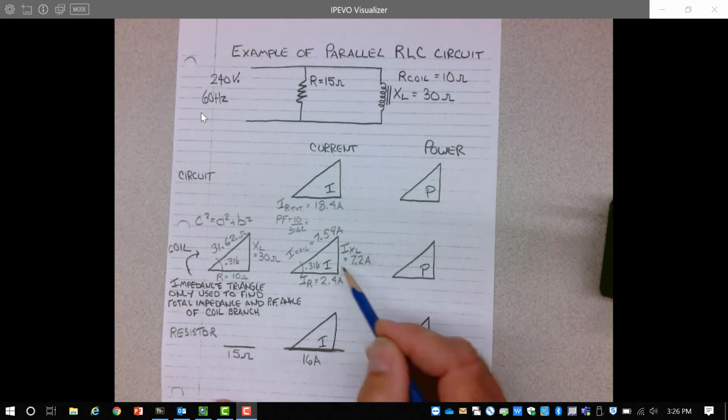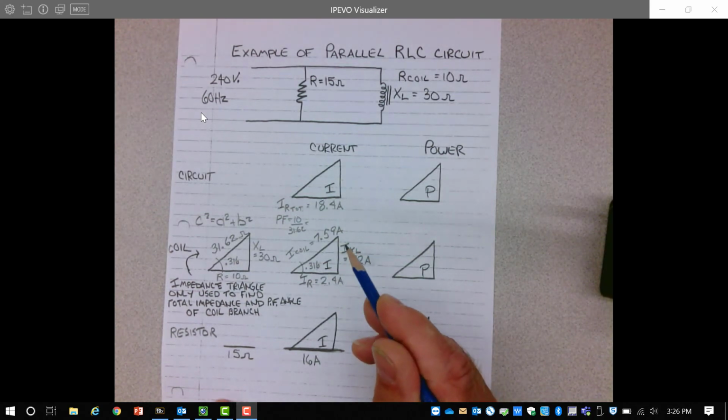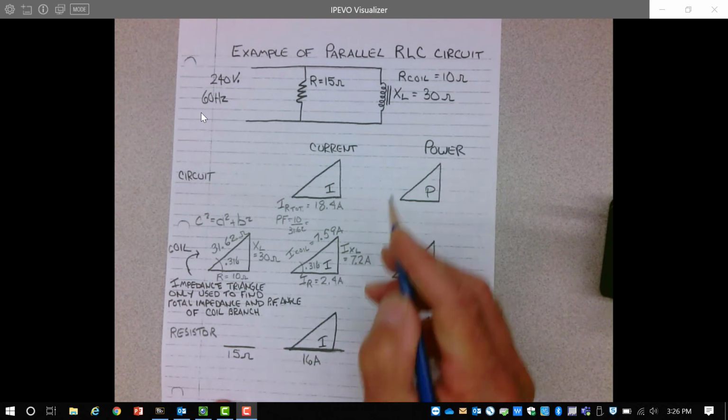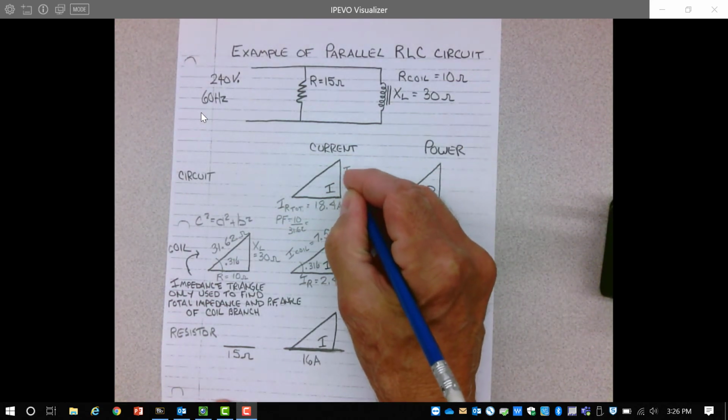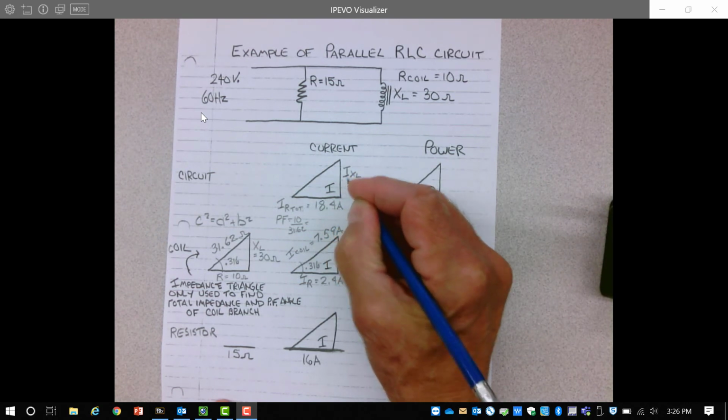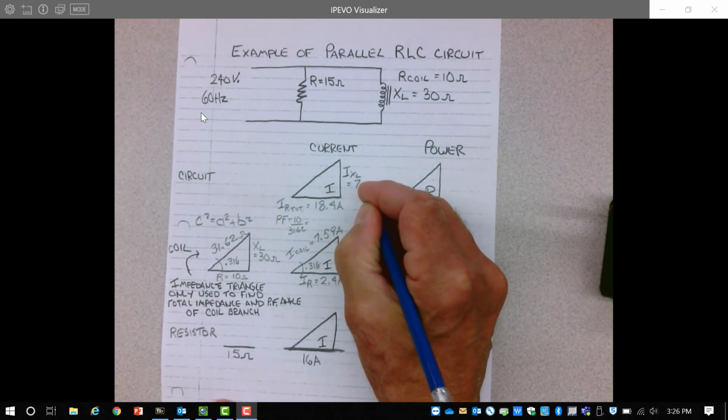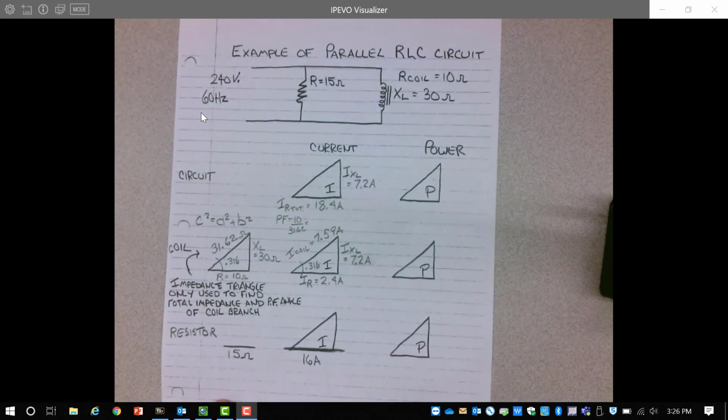The inductive current of my coil is the only inductive current I have in the circuit. The coil is the only thing that has inductive current, so that inductive current can come right up to my circuit current triangle as well. So my 7.2 amps goes right here.